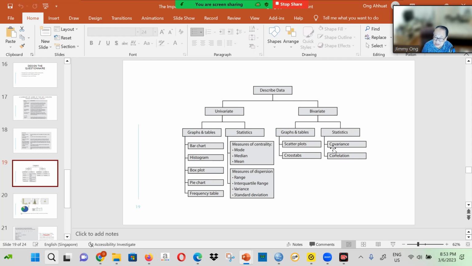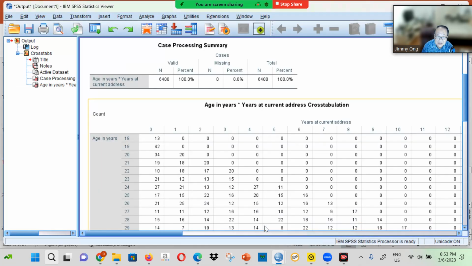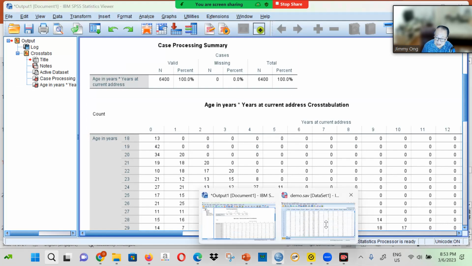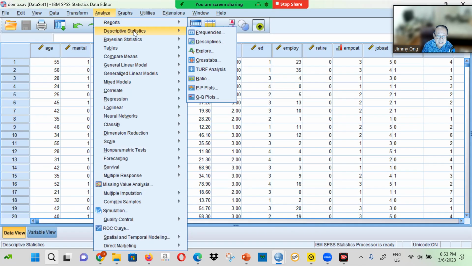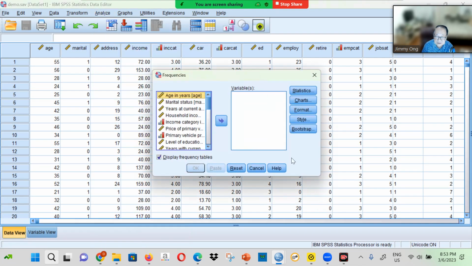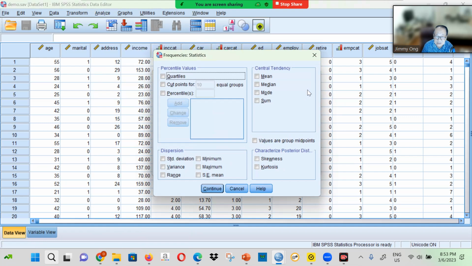Then correlation, statistics. Statistics is very easy to find, right? So these are statistics. Everything is down here. You can pick up anything that you want. But important is standard deviation, right? Sometimes you may check the skewness.